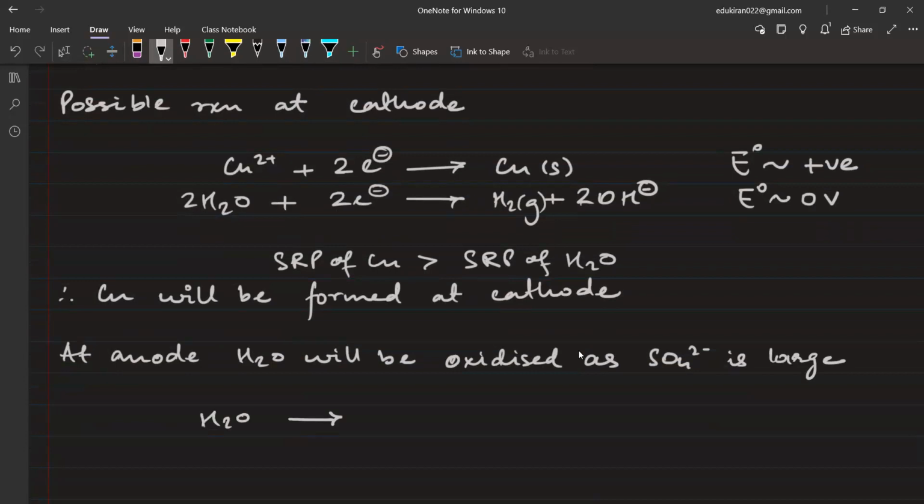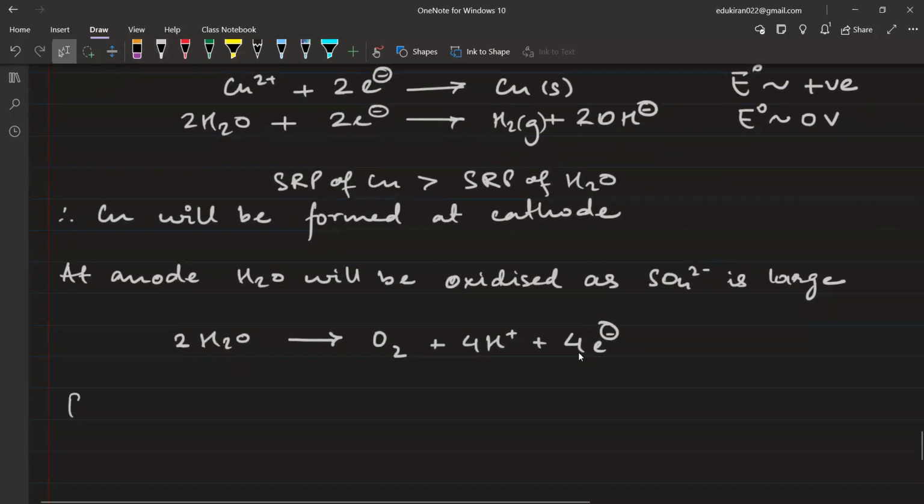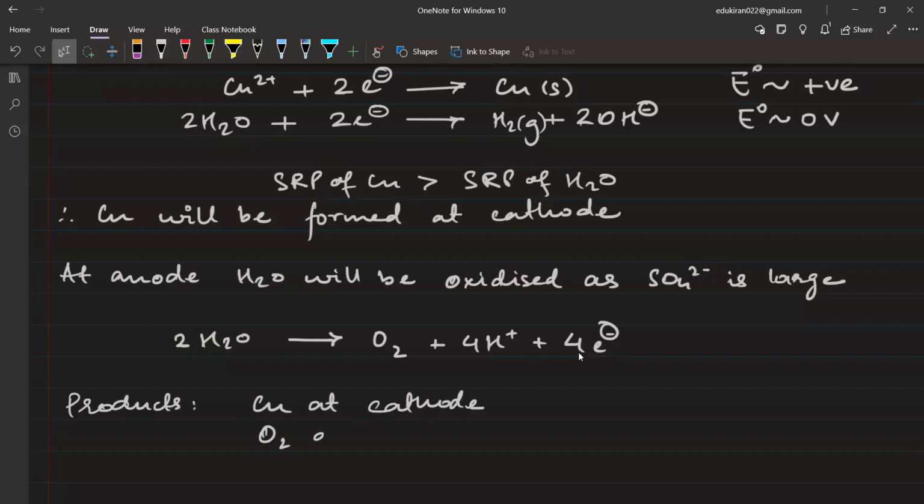will give you ऑक्सीजन गैस, O2 plus you will get 4 H plus ions, plus you will get 4 इलेक्ट्रॉन्स, और यहाँ पे आपको चाहिए रहेगा 2 H2O। सो दिस रिएक्शन हैपेंस। बेसिकली प्रोडक्ट्स क्या हो गए? कॉपर एट कैथोड and O2 at anode.